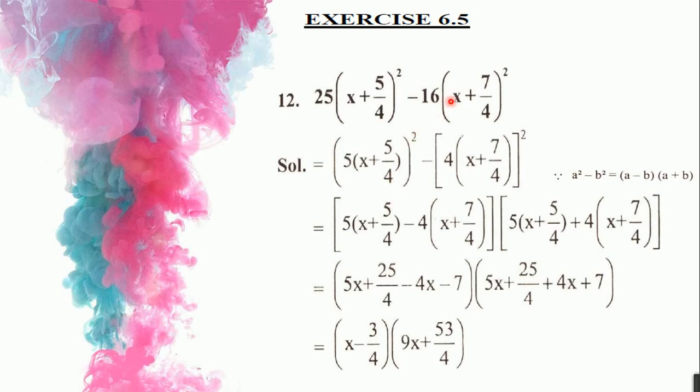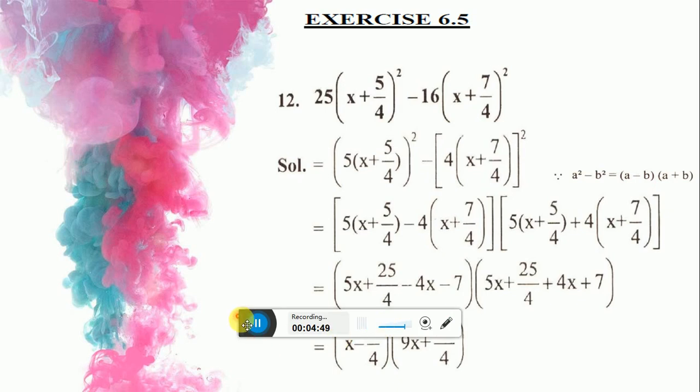And this 16 into (x plus 7 by 4) whole square we write in this way: 4 into (x plus 7 by 4) whole square. 4 square is 16. Now we have this a square minus b square form and we have to write its right hand side.